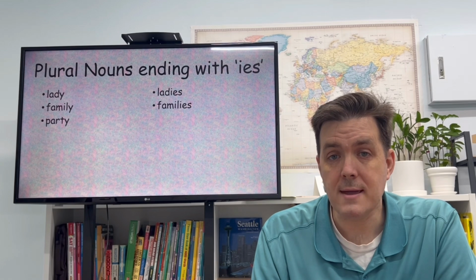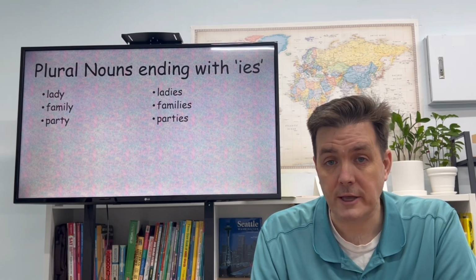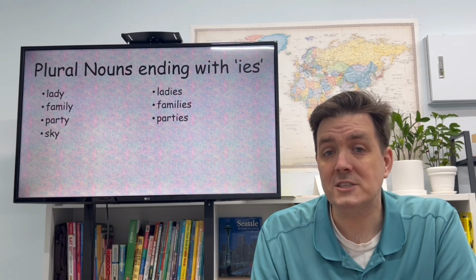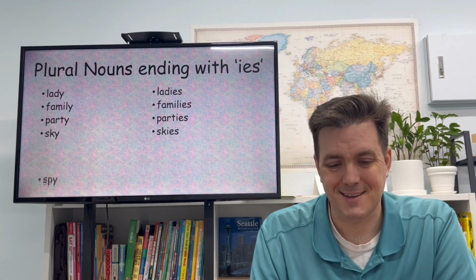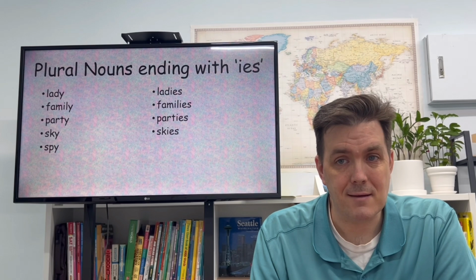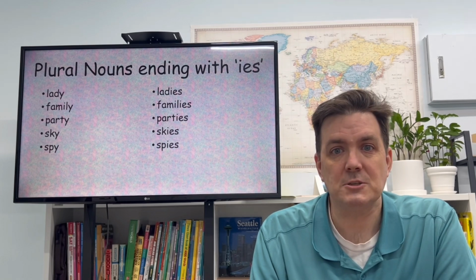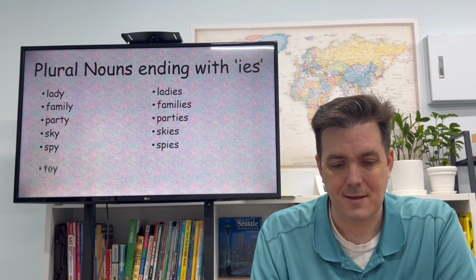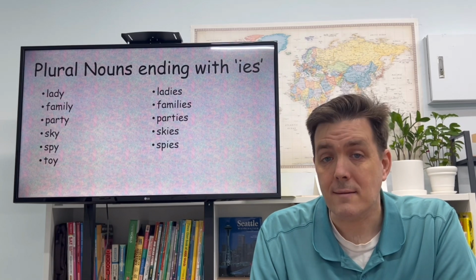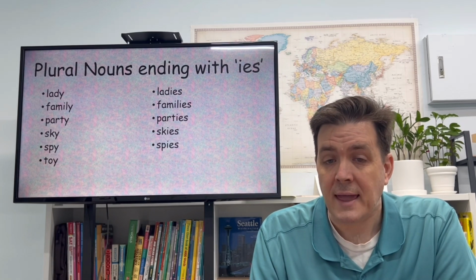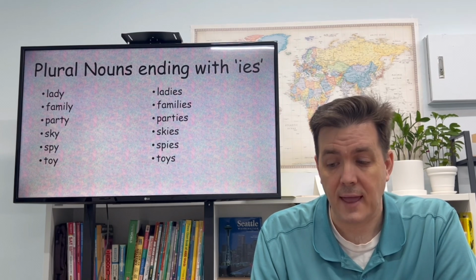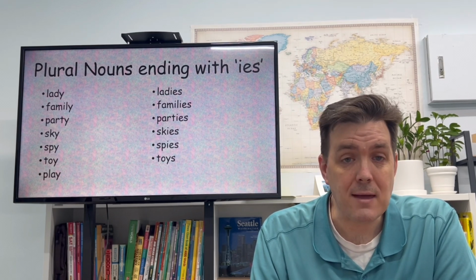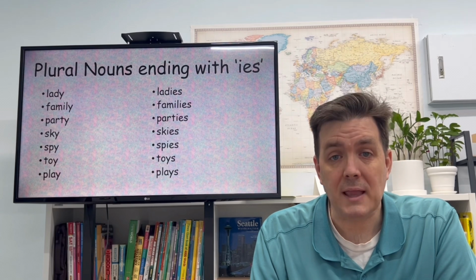One party, two parties, one sky. The sky is above us. A spy, there are many spies around us. Now, toy, we don't say IES for toy. We say toys, YS. And one more, play, we say plays.